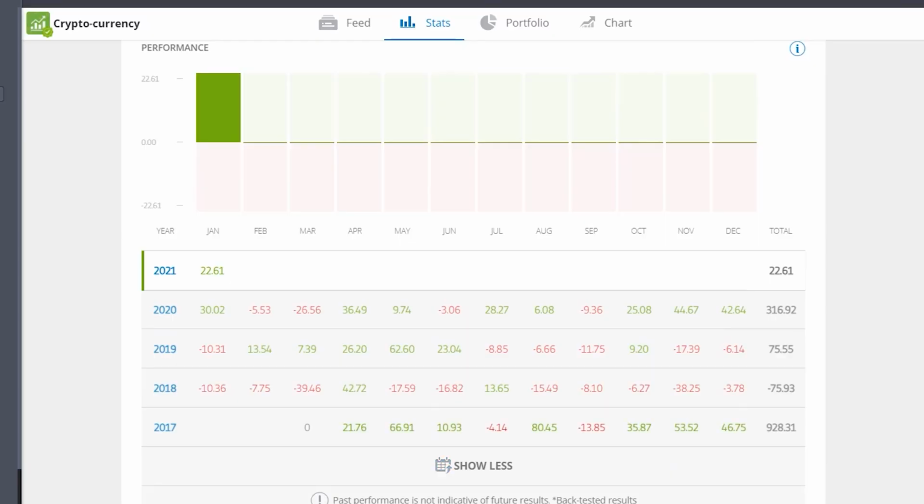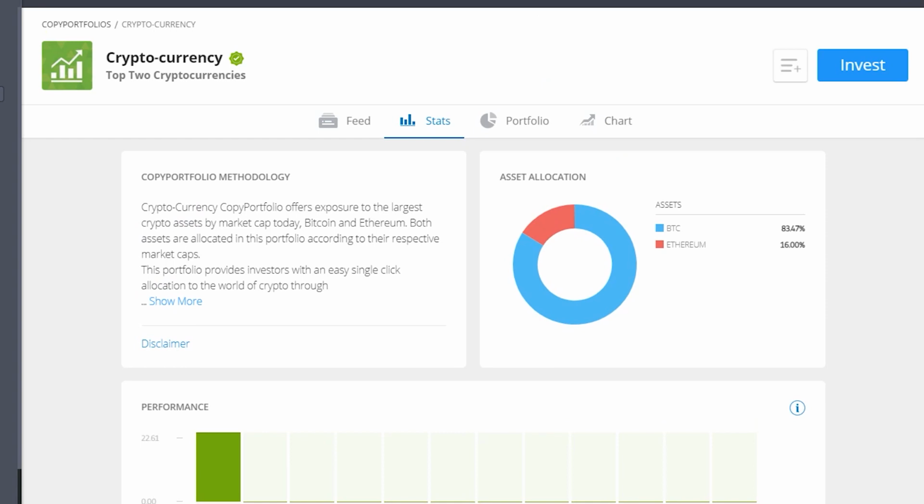If you had copied this copy portfolio, the top 2 cryptocurrencies, in 2017 you would have made 900%. 2018, minus 75%. The year after that, 75%. And then this year, 316%. Currently, 22% for this month, January 2021.